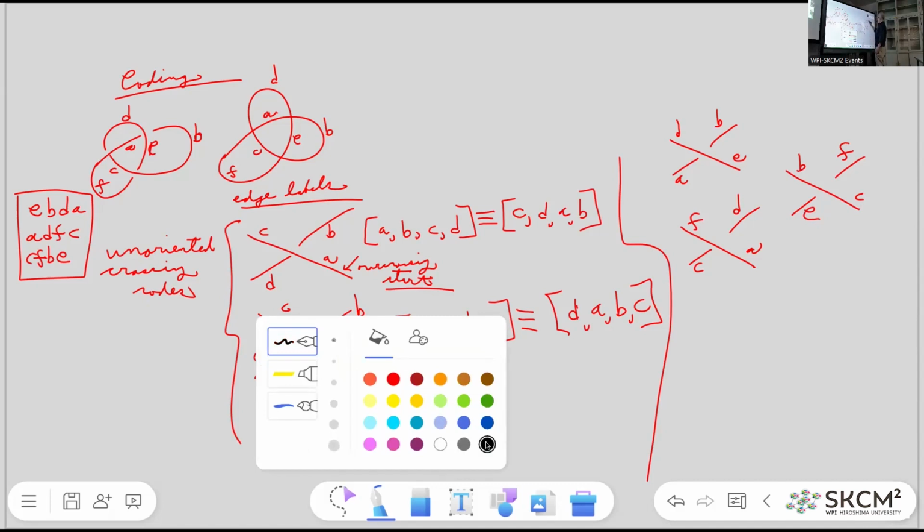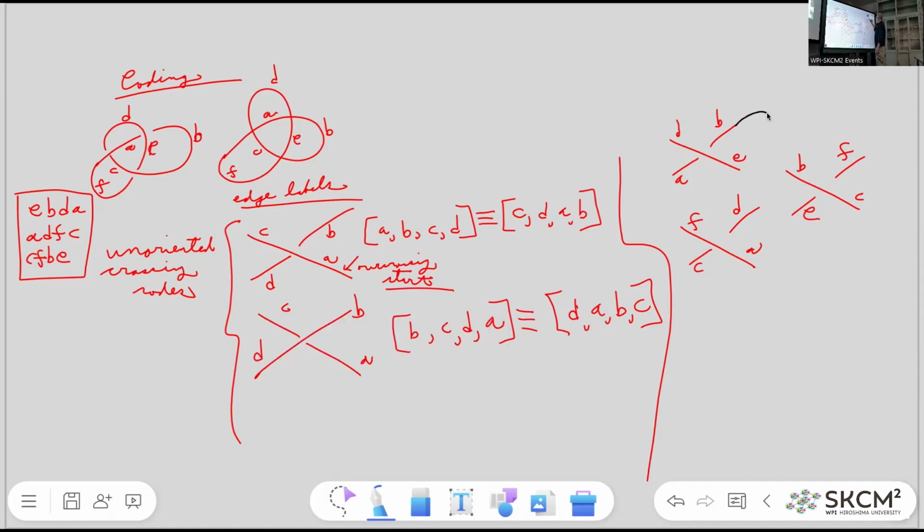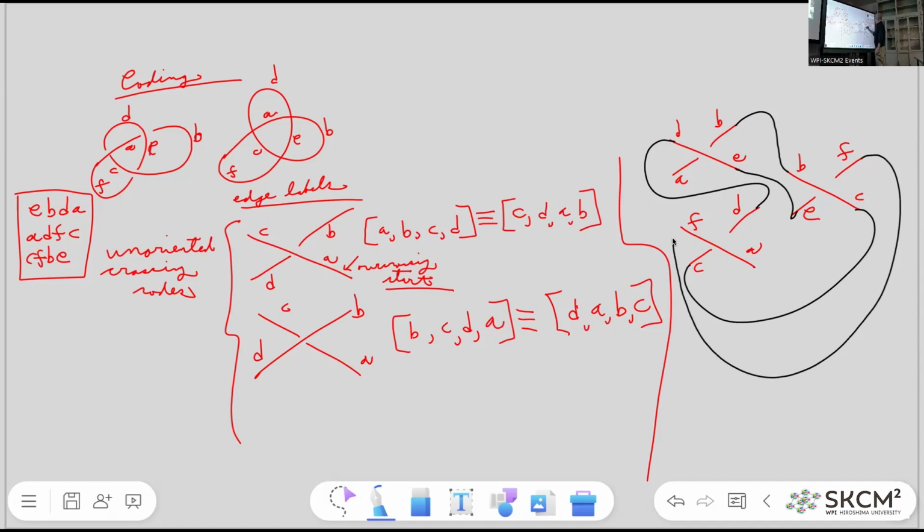So you go to this crossing that you've written and you see, B must connect to B. C must connect to a C. D must connect to a D. E must connect to an E. And F must connect to an F. You reconstruct the knot diagram, and A must connect to an A. Reconstruct the knot diagram, twisted a bit because you didn't draw the crossings as nicely as the person who originally drew it.